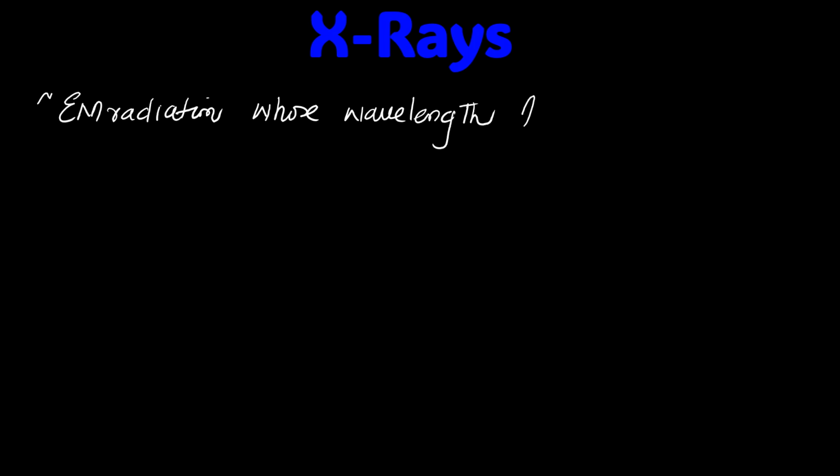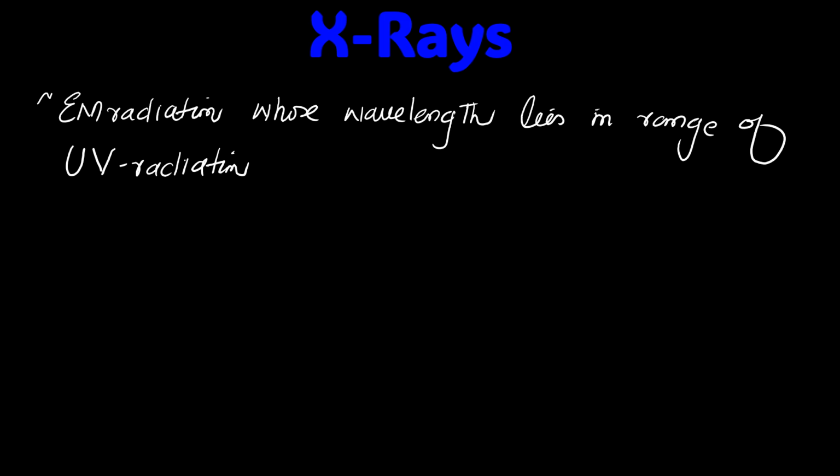So we can define X-rays as electromagnetic radiations whose wavelength lies in a range between ultraviolet radiations and gamma rays.